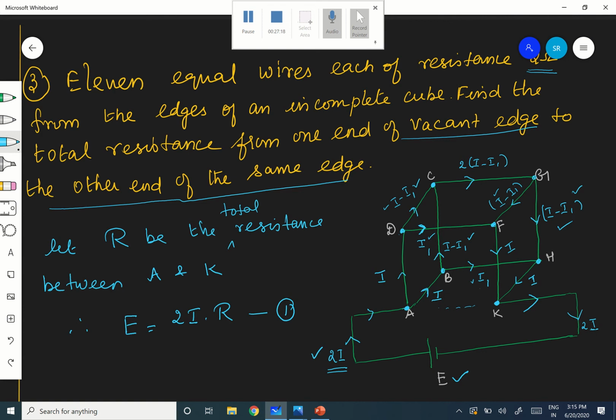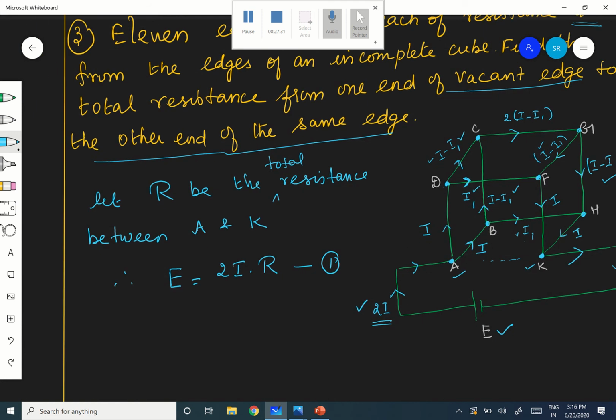Now you want the resistance between these two points. So with that, let me take one loop and apply Kirchhoff's second rule.